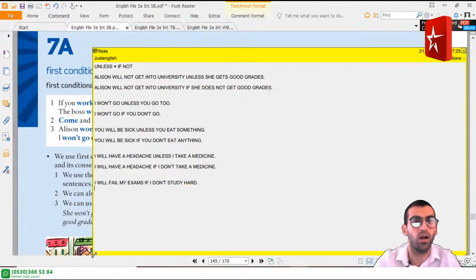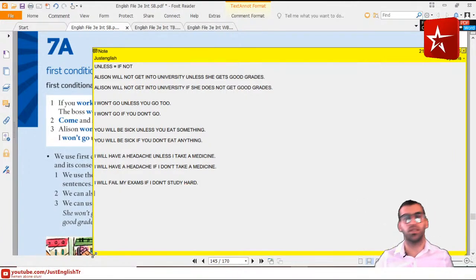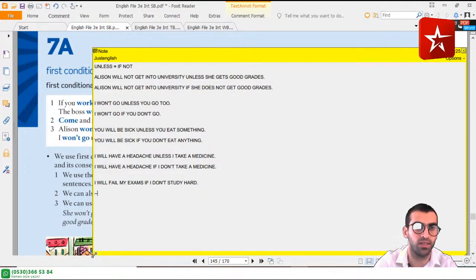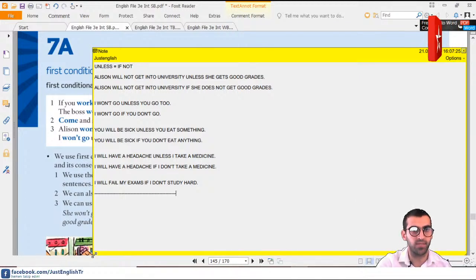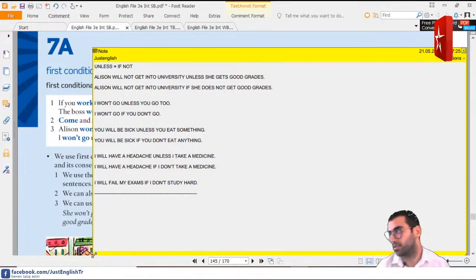So how can we change this sentence by using unless? Can you change this sentence to unless, please?